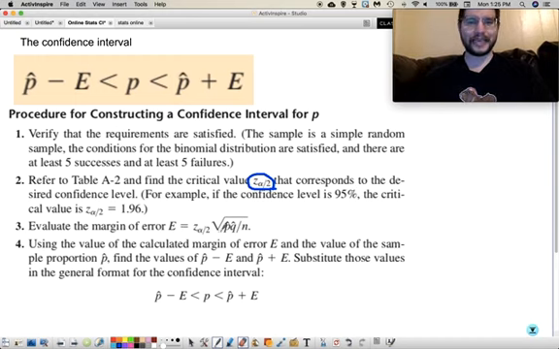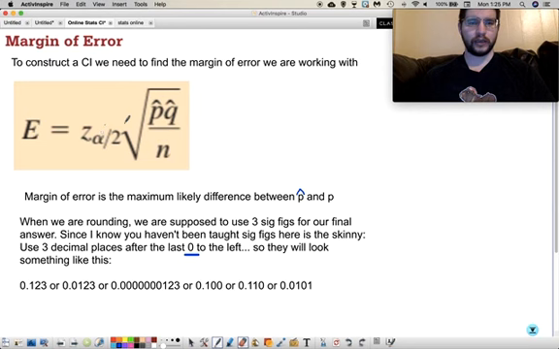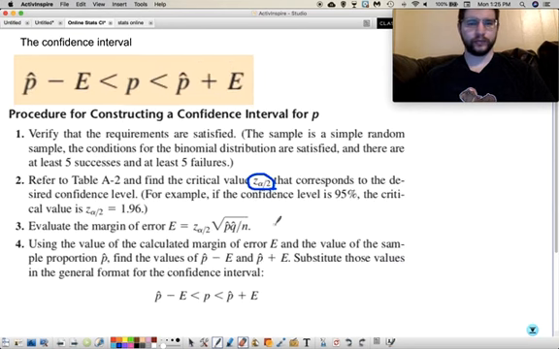Then you calculate E, margin of error. So use this formula on the previous page, type in some numbers, and it spits out your answer. After we do that, we take our sample proportion, P hat, and subtract E, that's the lower bound, and we add E, that's the upper bound. That's going to give you your confidence interval. It's a range of numbers, P hat minus E all the way to P hat plus E.